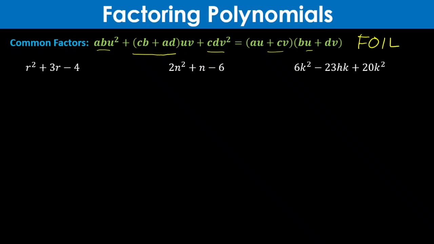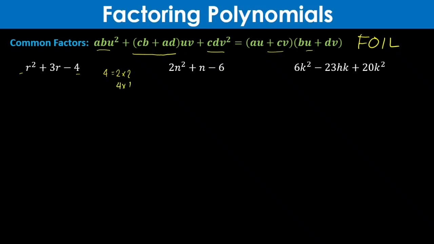I'll show you for this number 1 here. The coefficient of our r squared is 1. You have to look at the factors of 1, which is 1 times 1. Now, the factors of 4: you have to look at the coefficients of the first and last terms only of the polynomial. The factors of 4 can be 2 times 2 or 4 times 1.